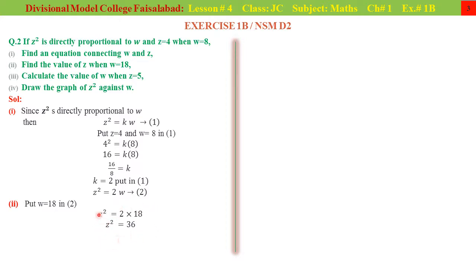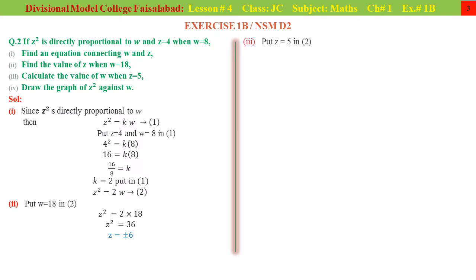So we get z on this side, and square root of 36 is 6. When we take the square root of any number, we write plus and minus sign with that answer. So square root of 36 is plus minus 6. So the value of z when the value of w is 18 is equal to plus minus 6.